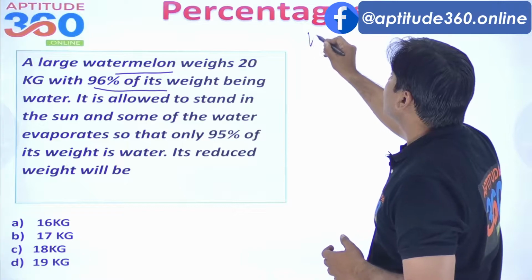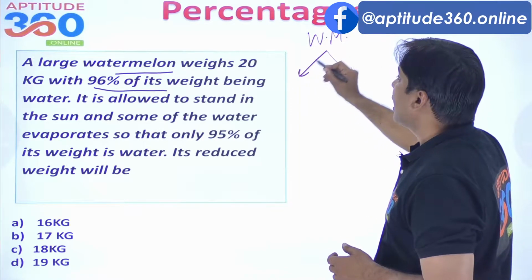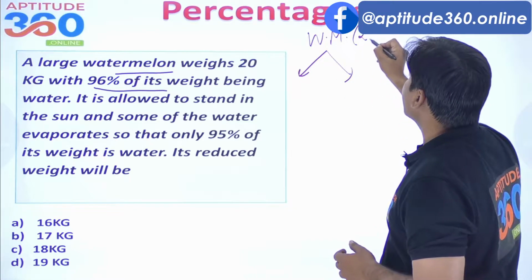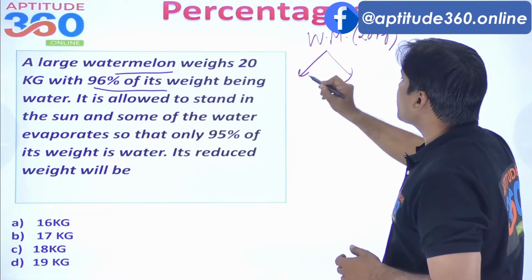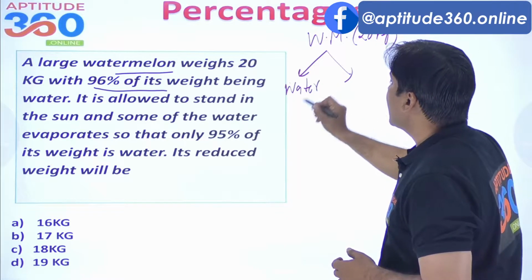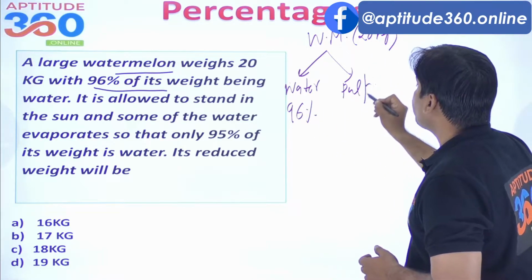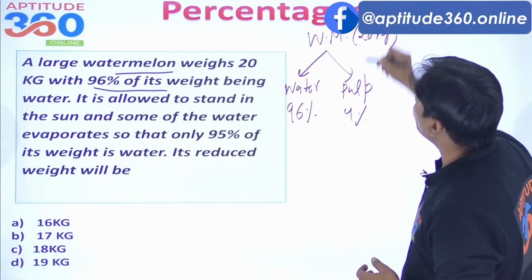So I'll say, okay, we have got this watermelon over here, and the problem says that we have got this 20 kg, right? In this 20 kg, problem says that you have got water which is 96%. So how much is going to be the pulp? The quantity of pulp will be 4%. 4% of what? This 20 kilogram.